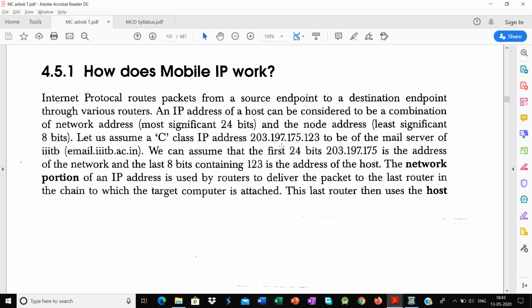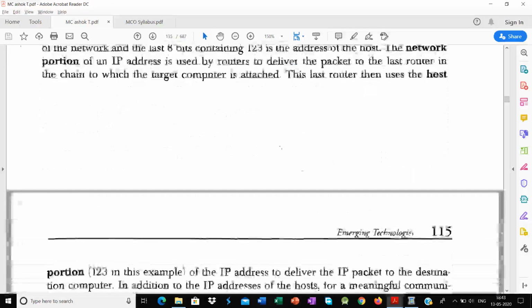your host address. Okay, so the network portion of an IP address is used by the router. The 24-bit address value is used by the router system for delivering your packet to the end destination. Okay, but at that destination, which is your target machine, that target machine is identified by this 8-bit address, and that is called the host portion.